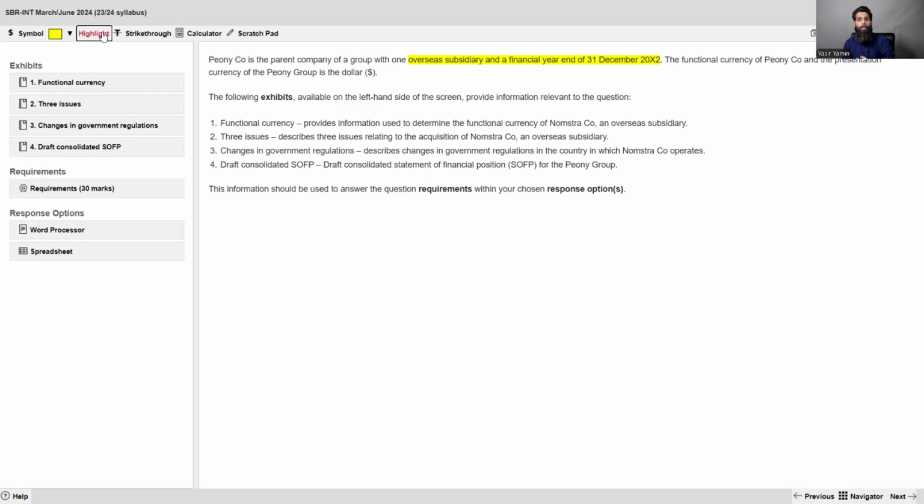Are they retained by the subsidiary, the foreign entity themselves, or are they directly remitted to the parent company in the original country? And you need to decide if the subsidiary or the foreign entity is dependent upon the parent to satisfy their debt obligations.